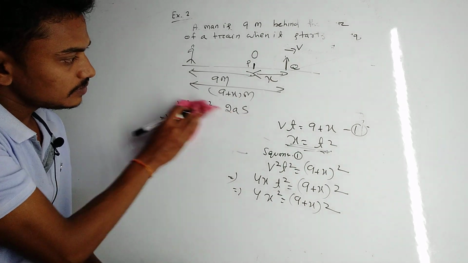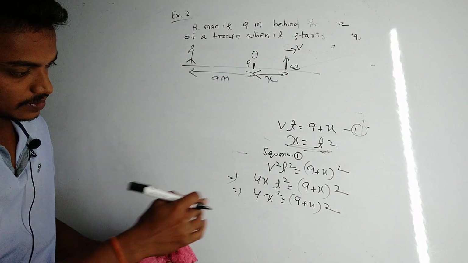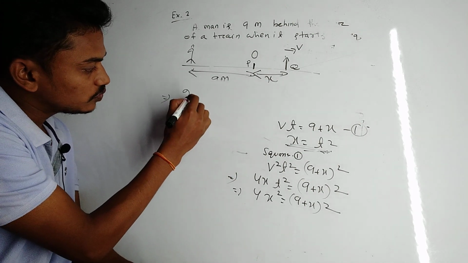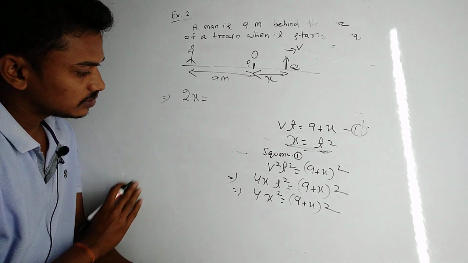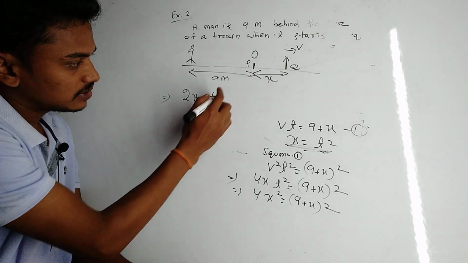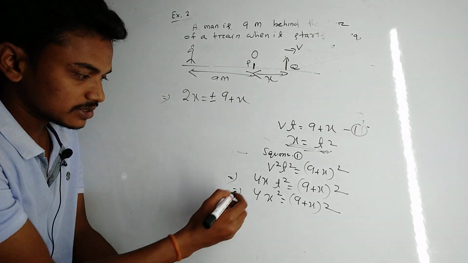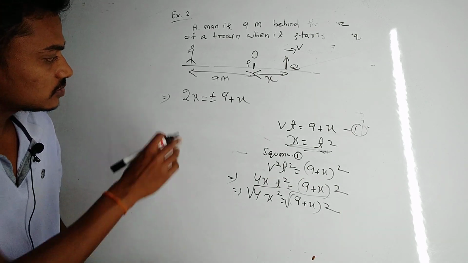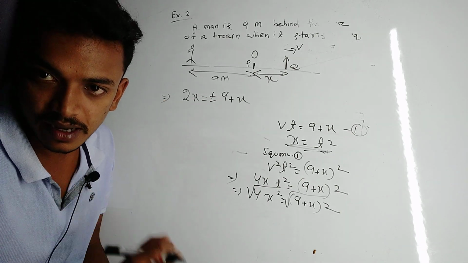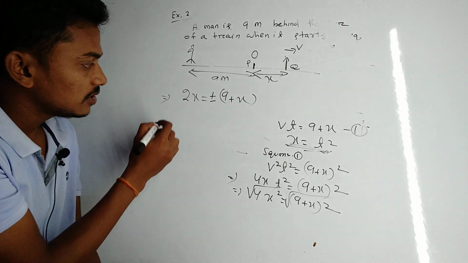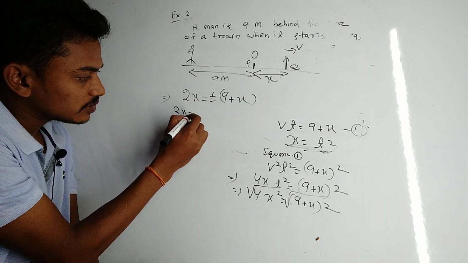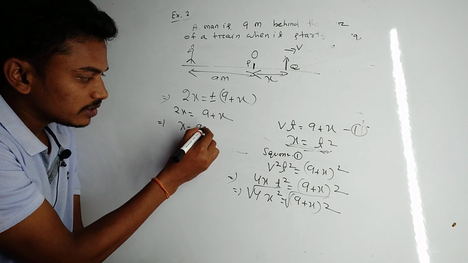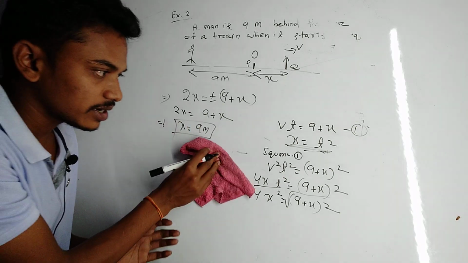So this implies we can write 2x equals plus or minus 9 plus x, taking the square root. Taking the plus sign, 2x equals 9 plus x, which implies x equals 9 meter. This is one answer.